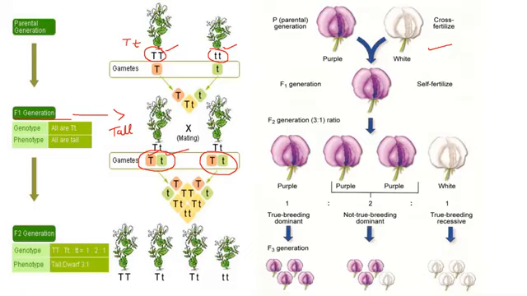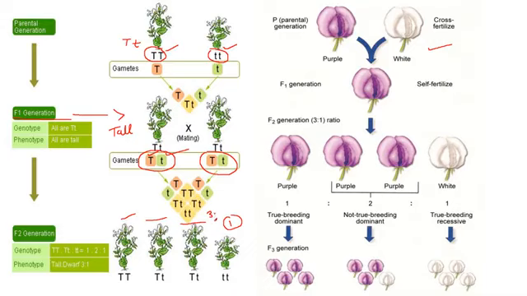Then he did the self-fertilization of these plants, and what did he observe? After self-fertilization, he got three tall plants and one recessive plant. Because these are observable, we call them the phenotype.